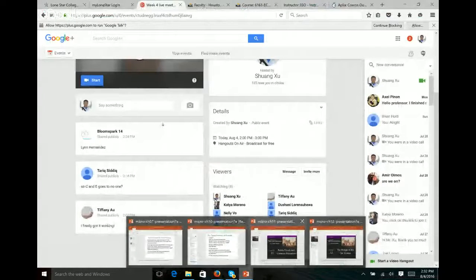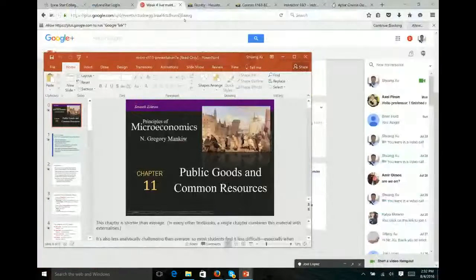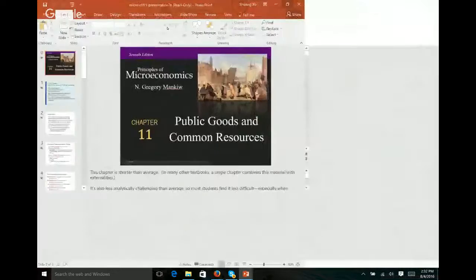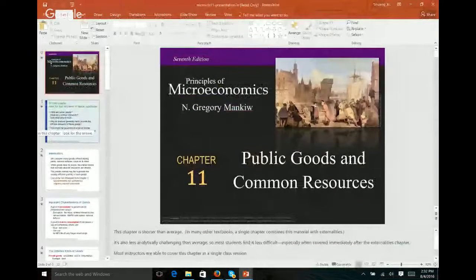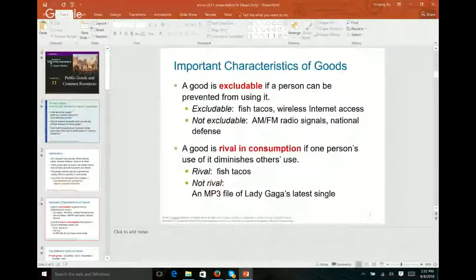Chapter 11 is also pretty simple. It's also mostly definitions. For chapter 11, make sure you know what is meant by excludable and what is meant by rival in consumption. Excludable means the ability to exclude somebody from consuming this good.